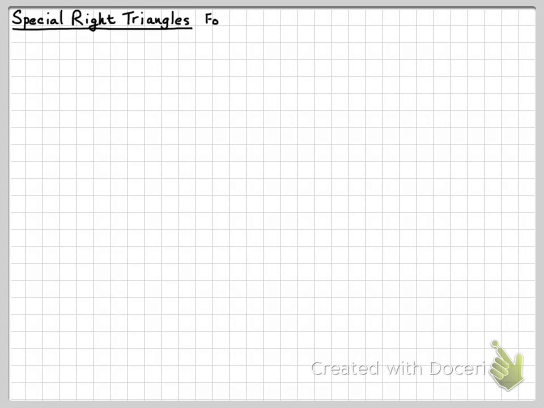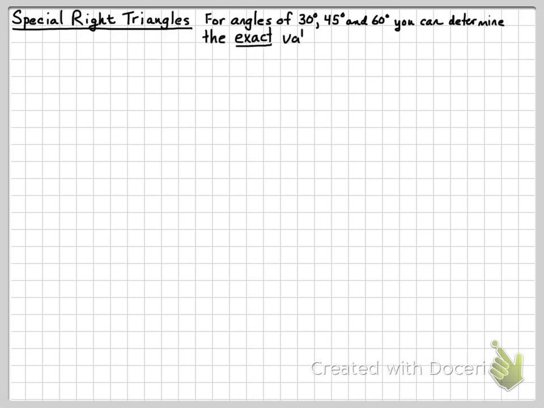There's going to be some special right triangles that we're going to investigate. These are for angles of 30, 45, and 60 degrees. You will need to determine the exact value of the trig ratios for these triangles. Now, can you recall SOHCAHTOA? I hope so.